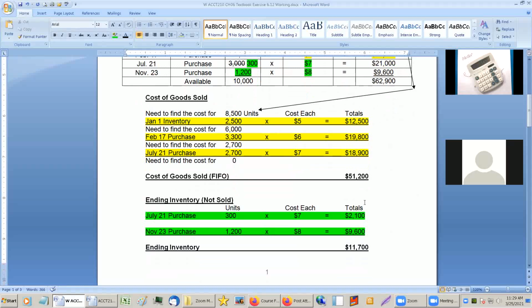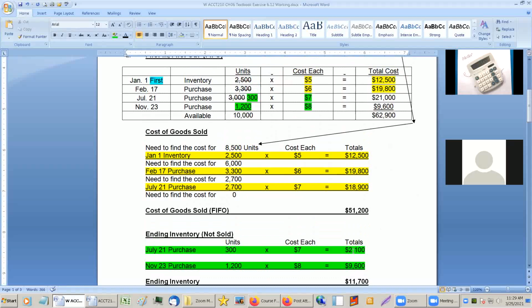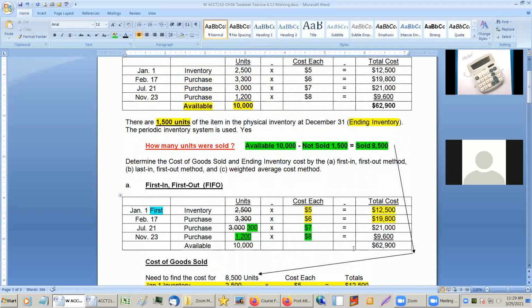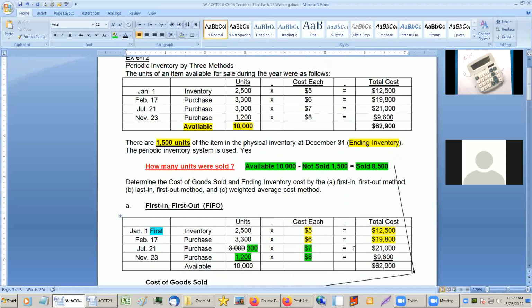Any questions on that? There is something I should talk about. Oh, I should have put yes in here. And that is this: the periodic inventory method is used. That's what I showed you, that we've done in class here.